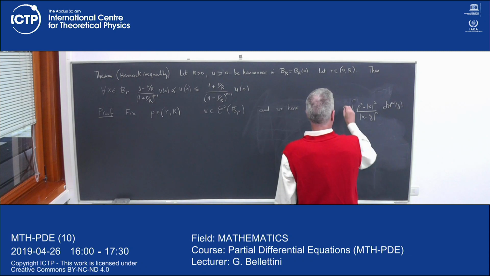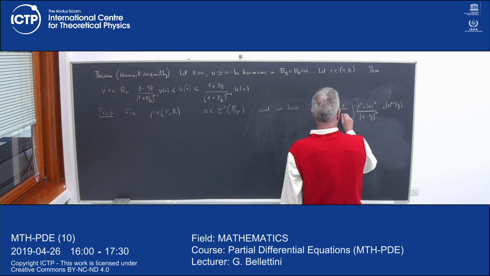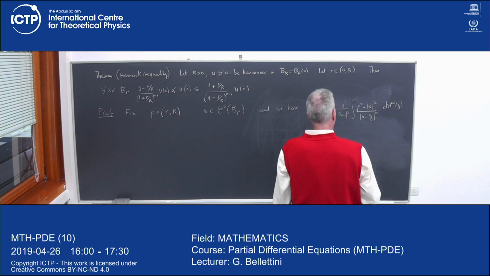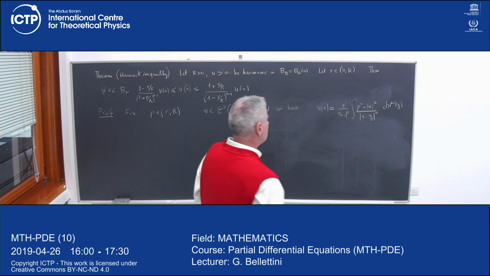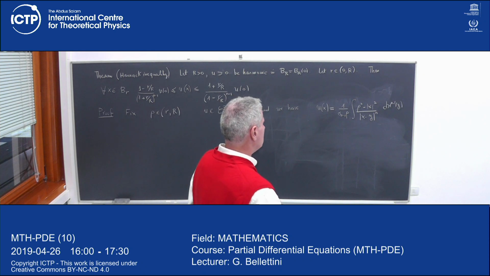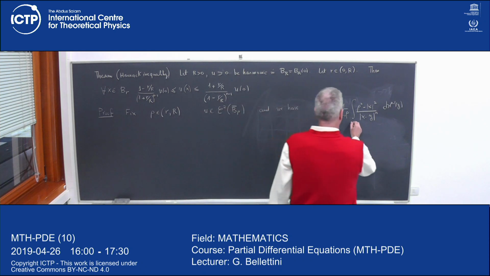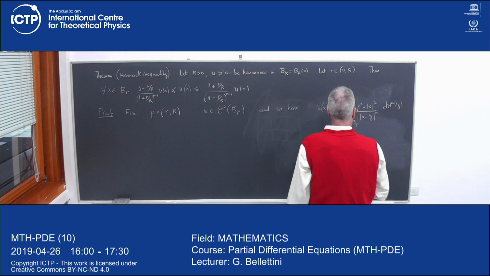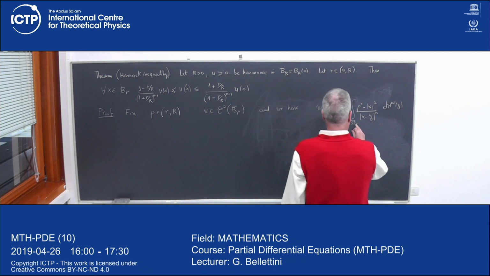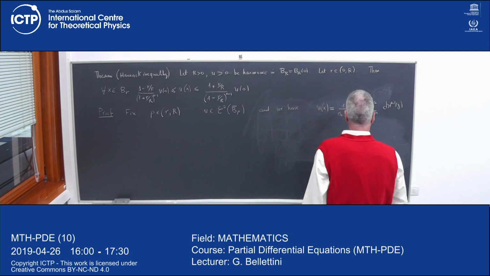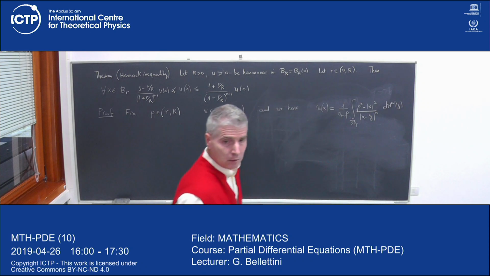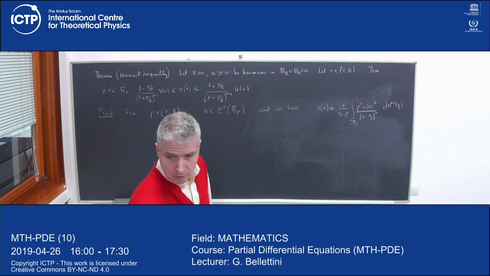And here there is a constant, it should be, please check, sigma minus 1 rho. Is it correct? Constant? Well, boundary of the ball.